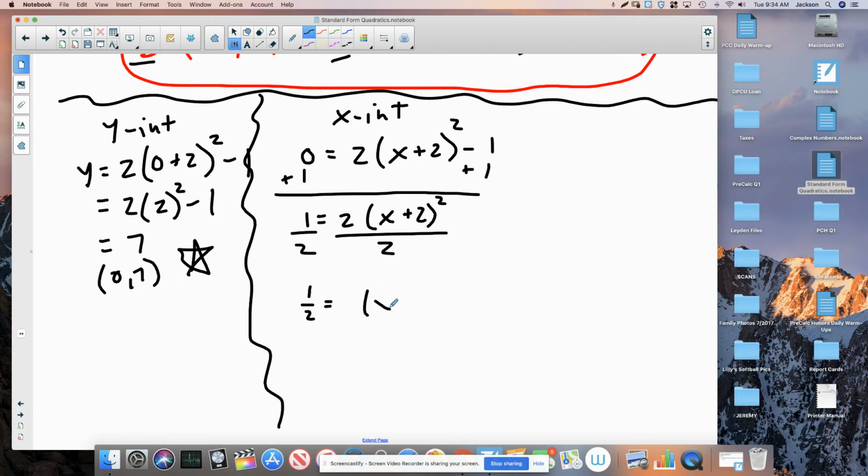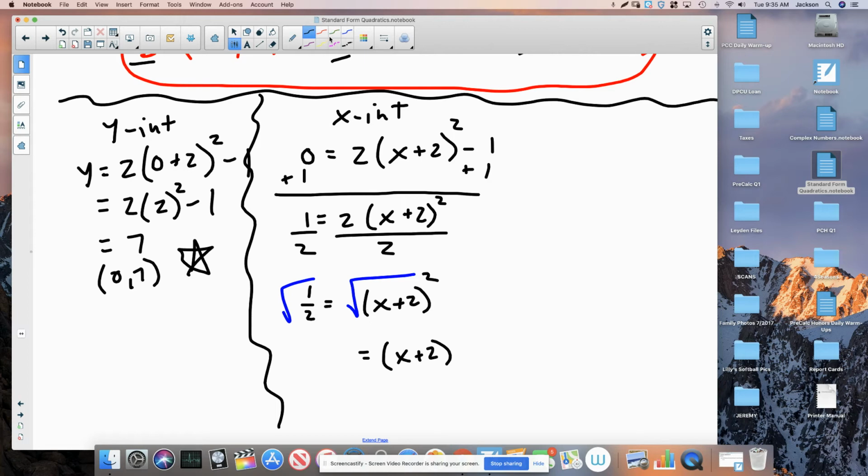So now we stand at this point where we have x plus 2 quantity squared, and the only way to get rid of this is to take the square root. This is what I meant when I said things were going to get weird. If we take the square root of both sides, the right side's just going to be x plus 2. But this is the square root of 1/2.